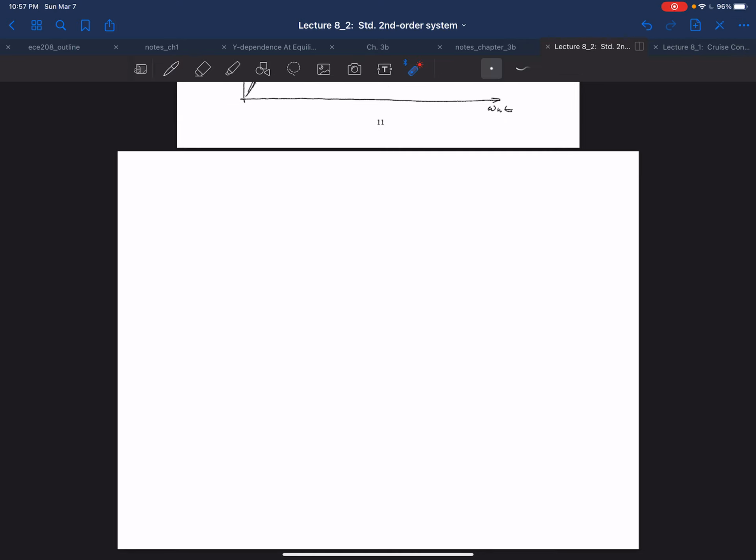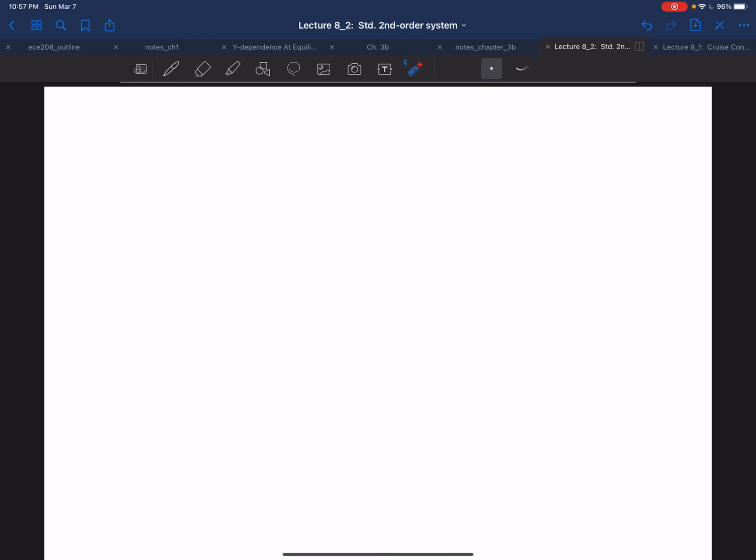Well, we said at the outset that a big part of the exercise in this part of the course is to relate the form of the response to the positions of the poles. Because we saw, in fact, in our example of proportional control with the cruise control system, that by adding this feedback controller, we can effectively shift the poles around on the s-plane.